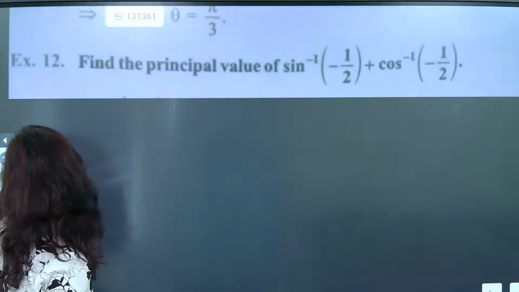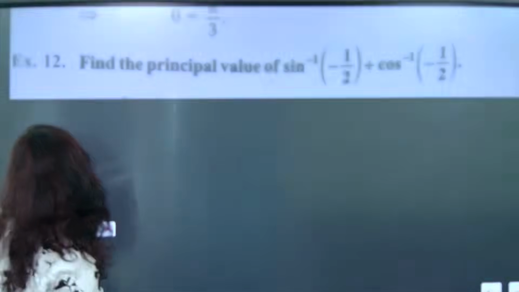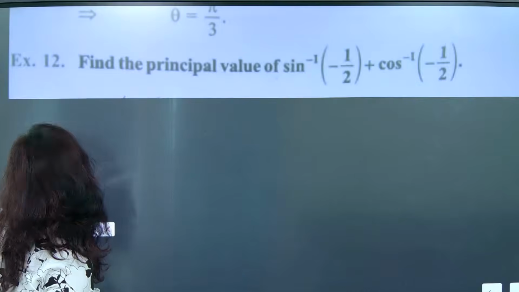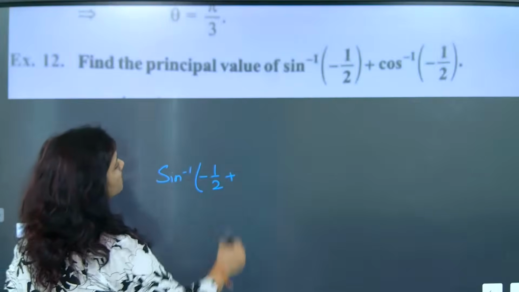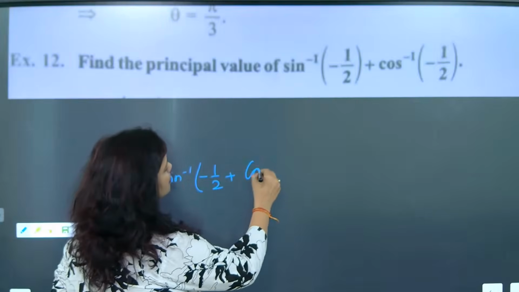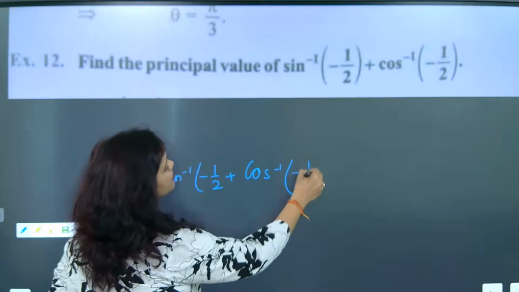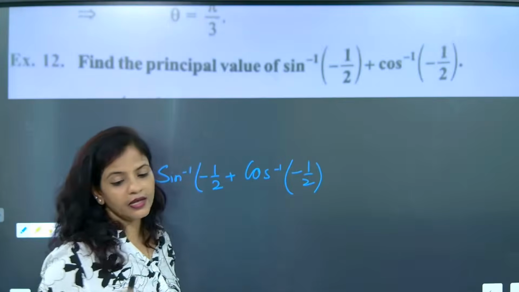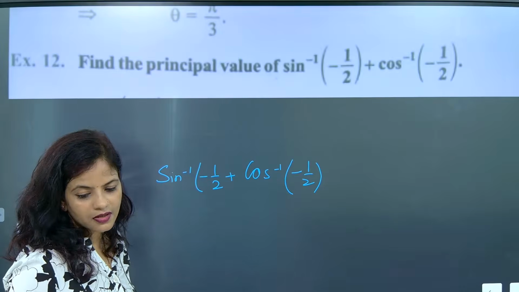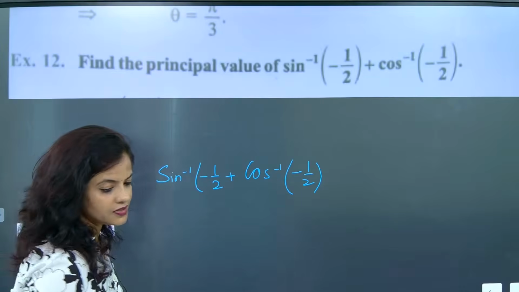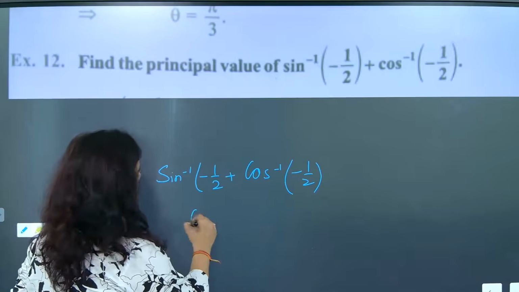So now look at it. When you are solving the question, please kindly pay attention. When you are writing sine inverse 1 by 2 plus cos inverse minus 1 by 2, again cos inverse is with minus. Now look at it.